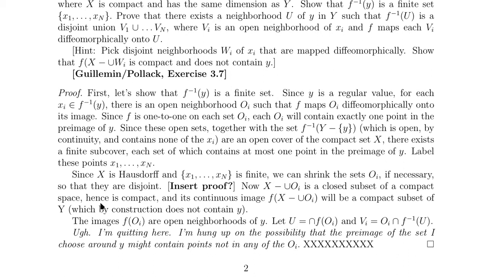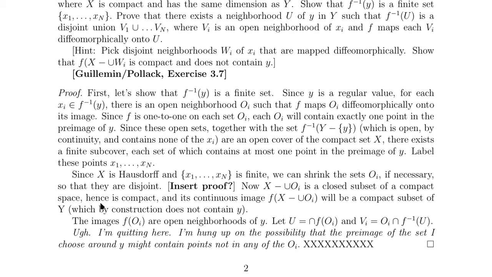So for everything in the pre-image, there is an open neighborhood such that f maps that neighborhood diffeomorphically onto its image, just because it's a regular value, right? And so you have the local diffeomorphism, which means that f is one-to-one on each of these neighborhoods, so each of them will contain exactly one point in the pre-image of y, because you have the bijection.